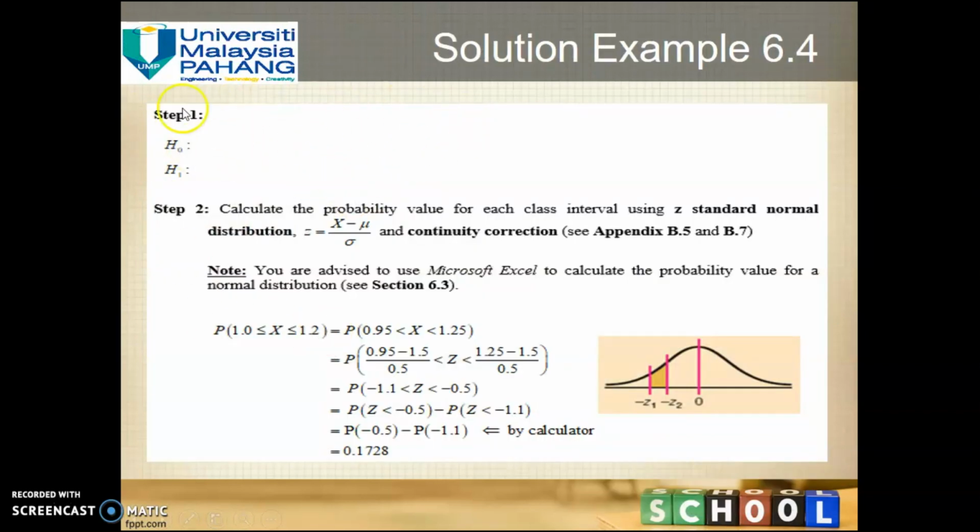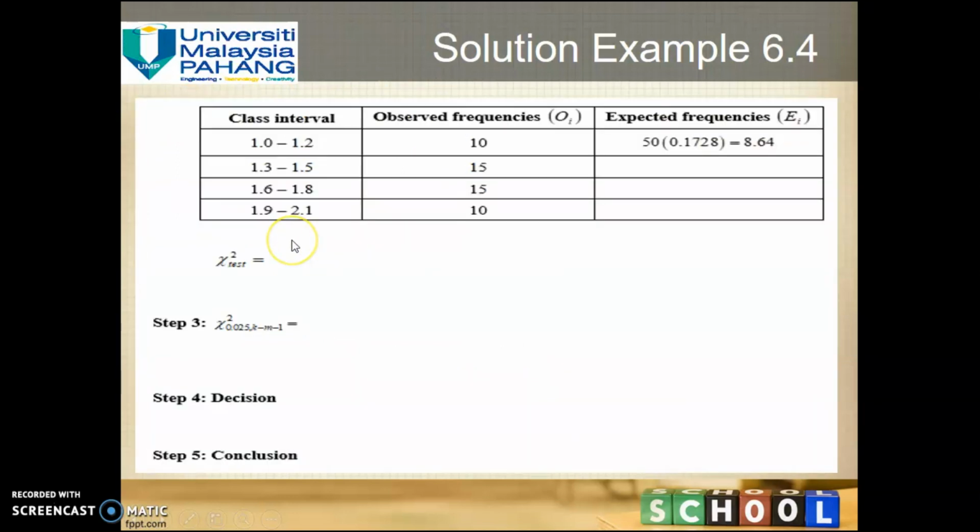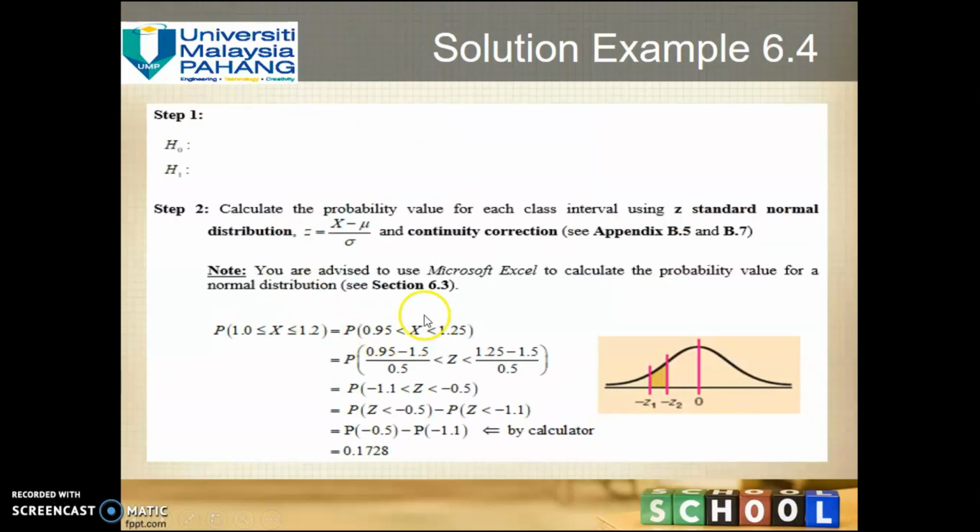Step 1, formulate the H0 here. Step 2, calculate the chi-square. This is how we calculate for the normal distribution, but now no need to calculate, because the probability is already given in the question.